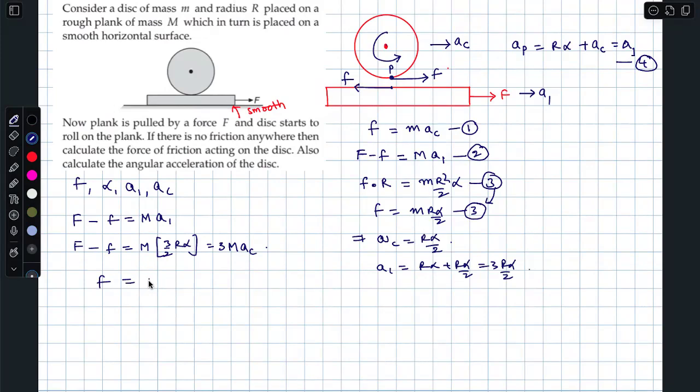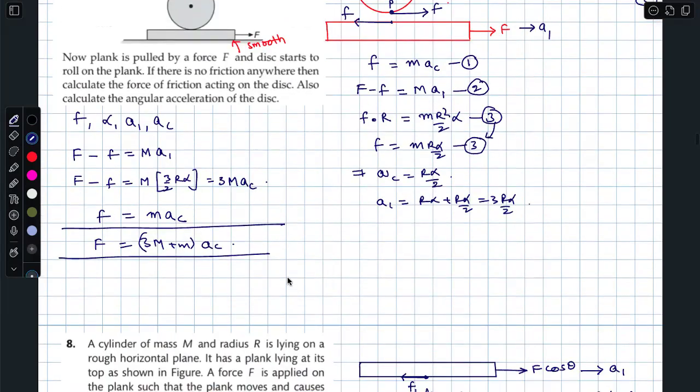Whereas F is small m AC. So now you take the sum. This sum allows you to write 3 capital M plus small m times AC. Now I got a clear cut idea. F is MAC, which is nothing but MF by 3 capital M plus small m. But remember, this should be static. Yesterday only I told you this. This should be less than mu mg.